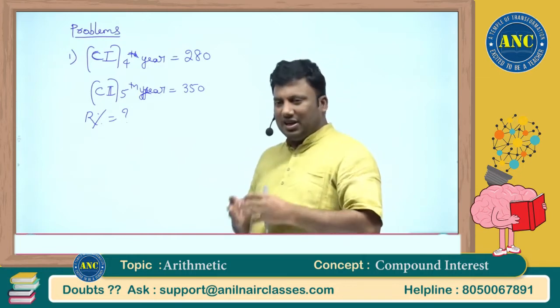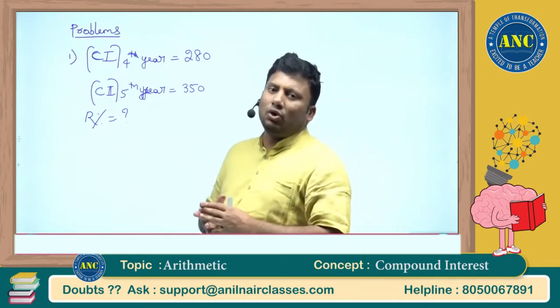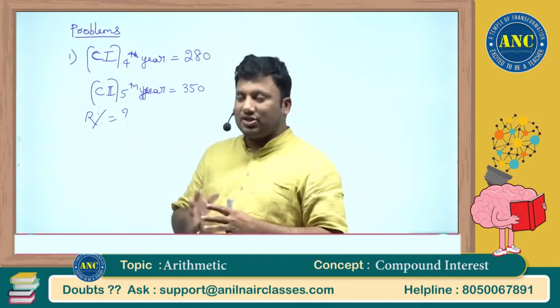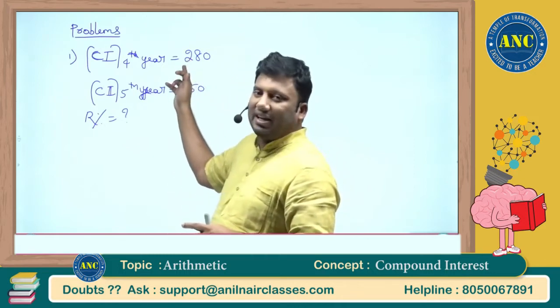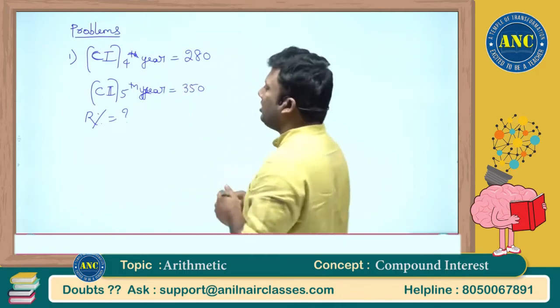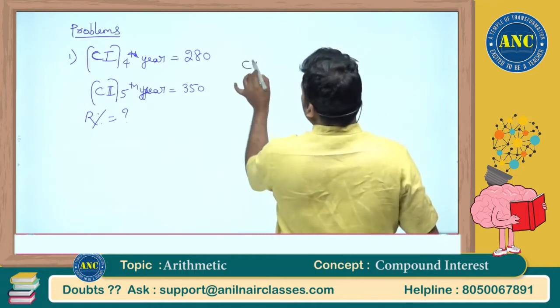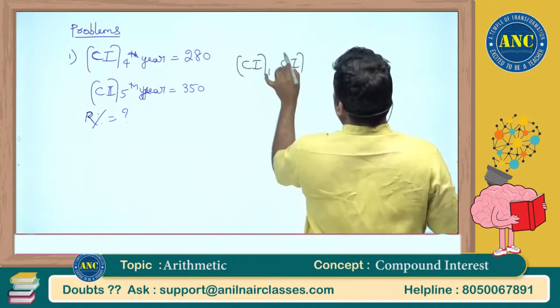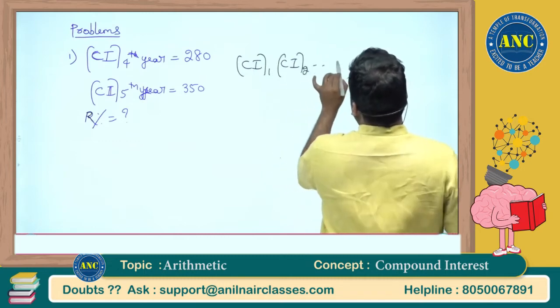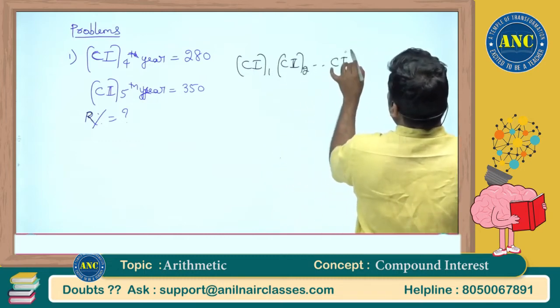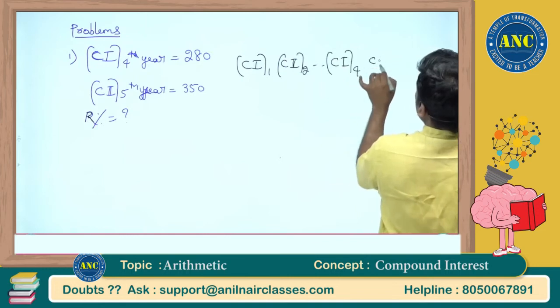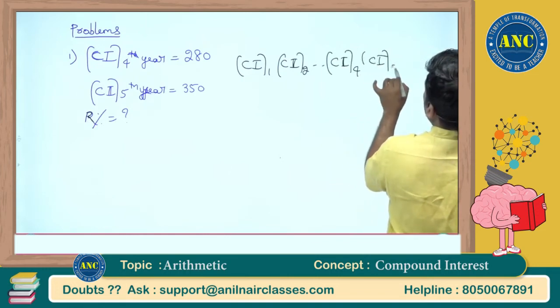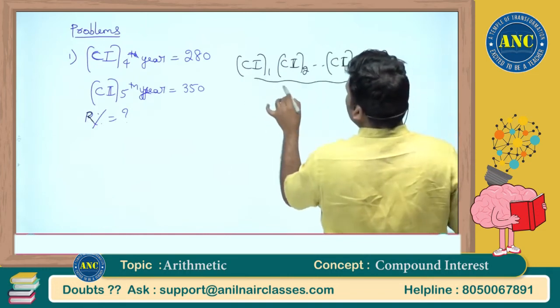Find R percentage. Most of the teachers who do not have a good understanding of the concept will take it as the initial value and final value. What is the concept that we have seen? CI1, CI2, CI4 and CI5: CI for a particular year, they are all in which progression?